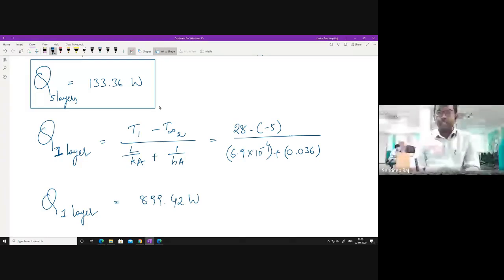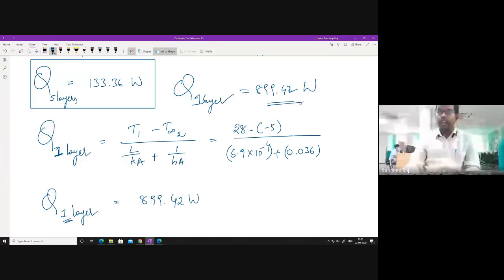See, you look at these values. If Q is one layer, it is 899.42. See, if the temperature outside is minus 5 degrees centigrade and the person is wearing only one layer, it is going to lose almost 1000 watts of heat to the atmosphere.